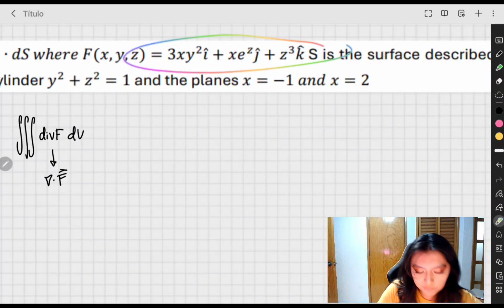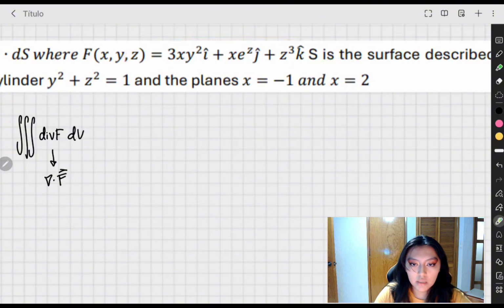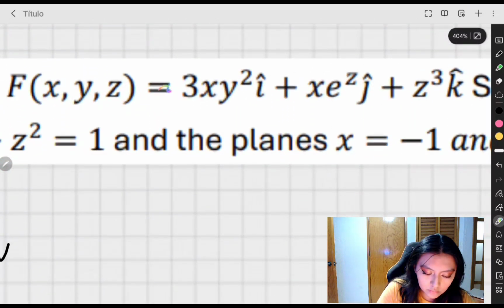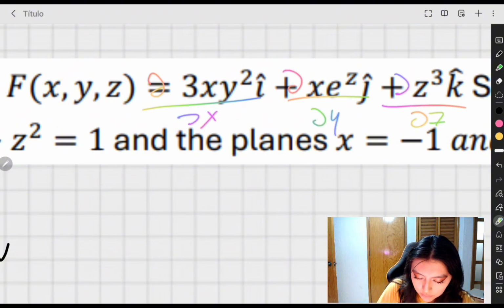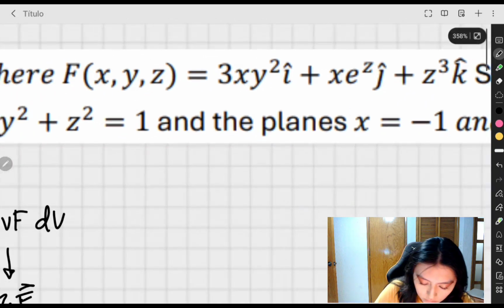the divergence of this, and we're just going to calculate the partial derivatives of each element with respect to x, y, and z. So this with respect to x, this with respect to y, and this with respect to z.